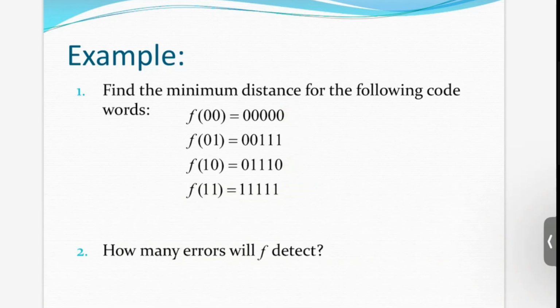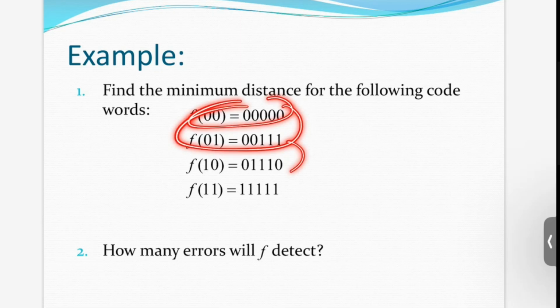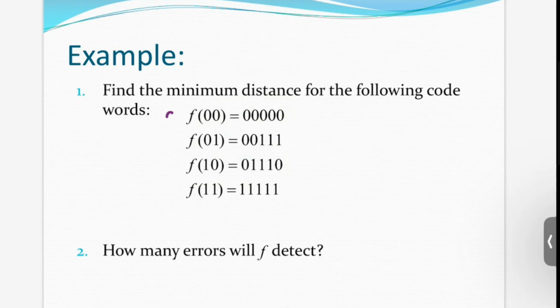So you have to pair them: first and second, first and third. Let's write these as A, B, C, D.